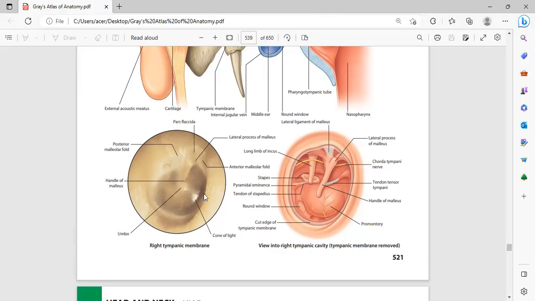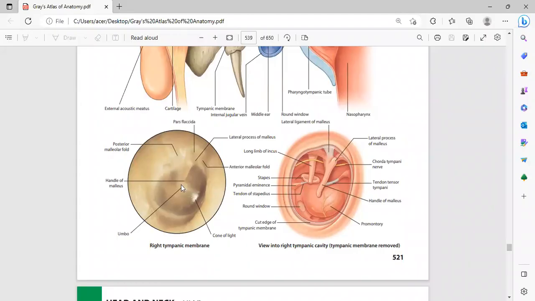Obviously on the external surface it's covered by stratified squamous epithelium because the skin lines the external ear. The skin is keratinized stratified squamous epithelium, but the tympanic membrane is lined by non-keratinized stratified squamous epithelium. And on the inside, it's lined with columnar epithelium.